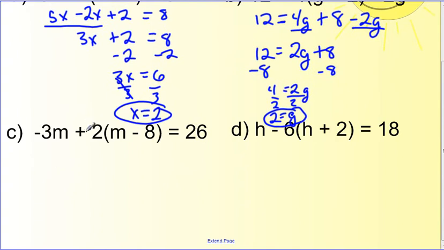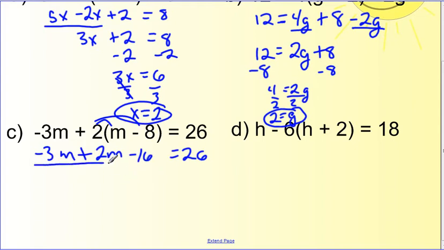Alright, letter C. We've got parentheses, so we distribute. 2 times m is 2m, 2 times negative 8 is negative 16, negative 3m plus. Alright, combine like terms. That we can combine. That gives us negative 1m, and there's nothing to combine over on this side.